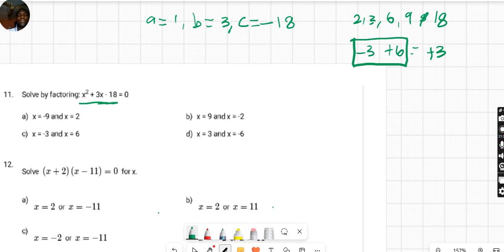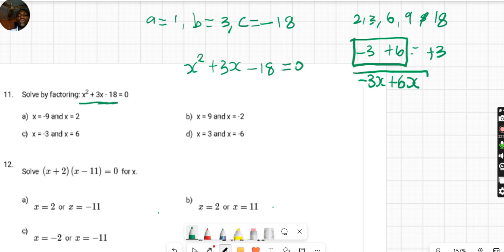Let me write that. We have our equation x squared plus 3x minus 18 equal to 0. Yes, we've gotten two values, minus 3 and plus 6. So I'm going to write them in terms of x. That is minus 3x and then plus 6x.